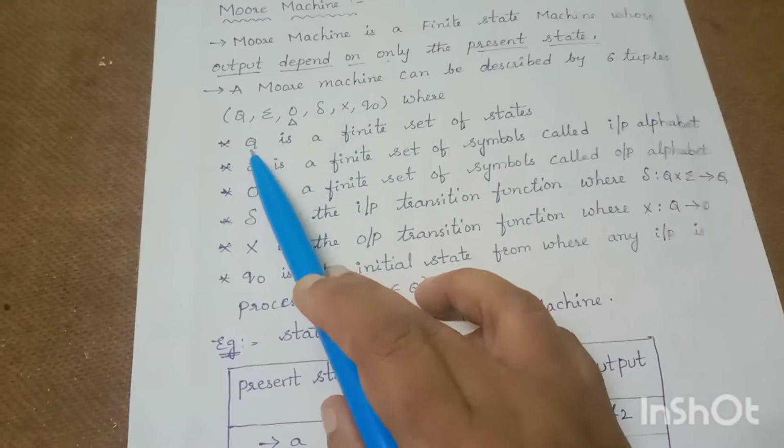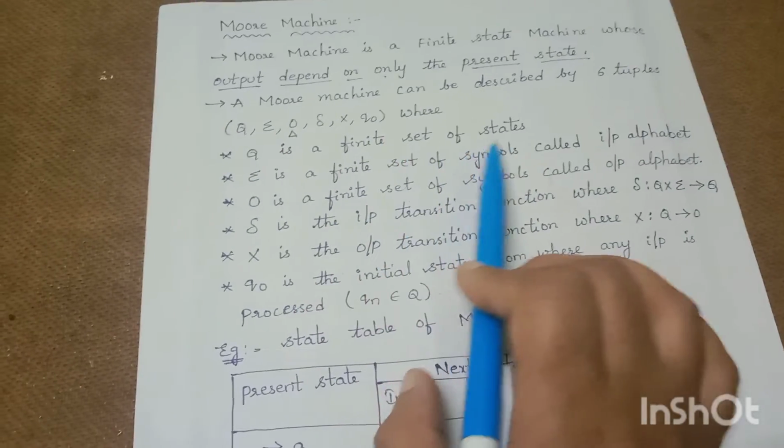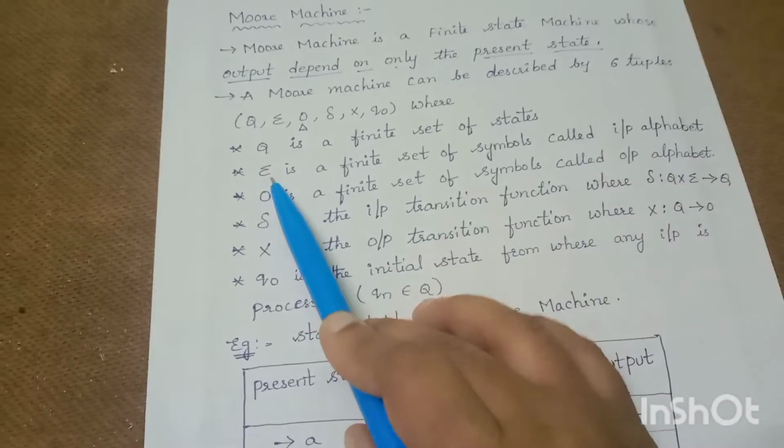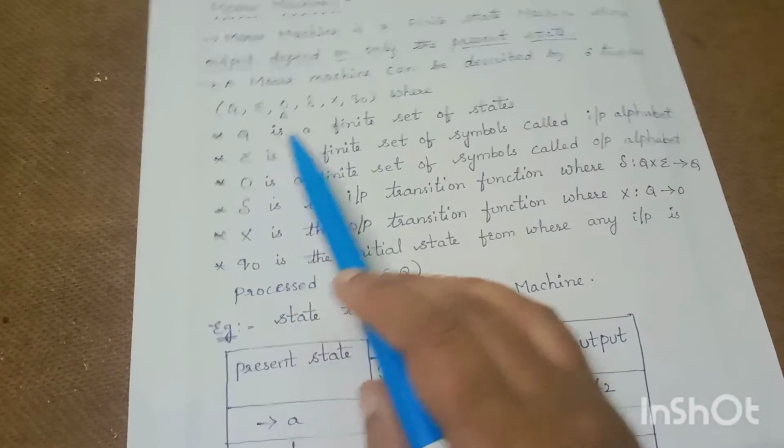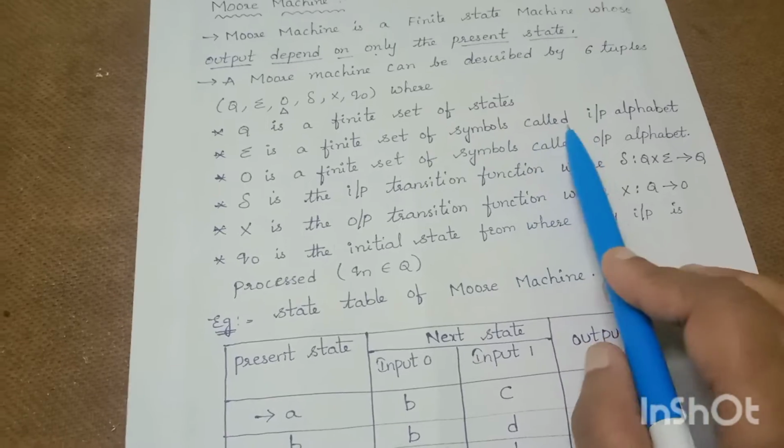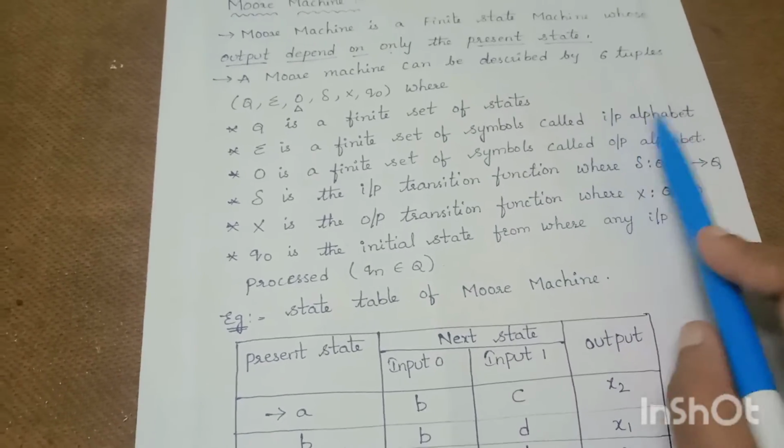Q indicates the finite set of states, and sigma indicates the finite set of symbols called the input alphabet.